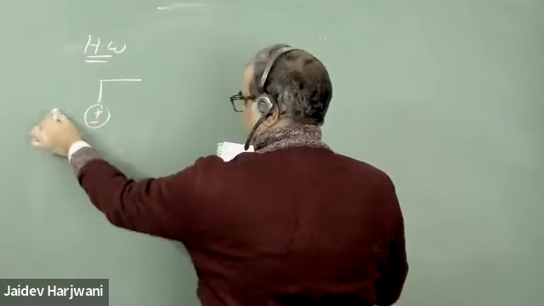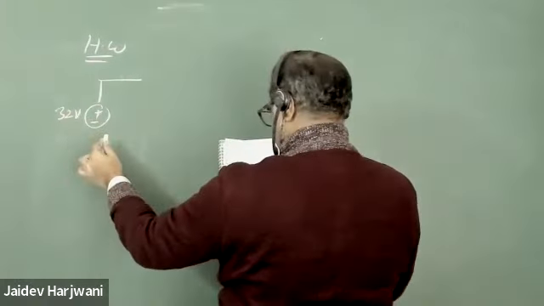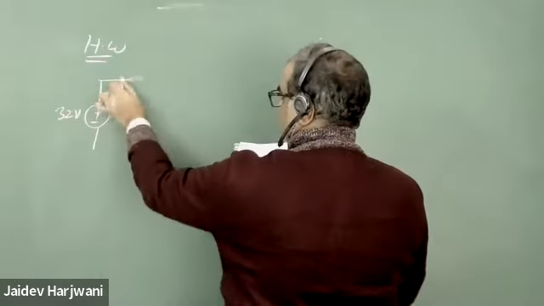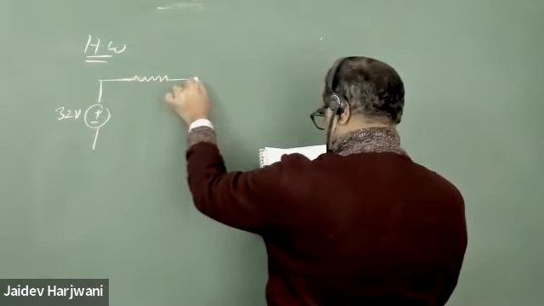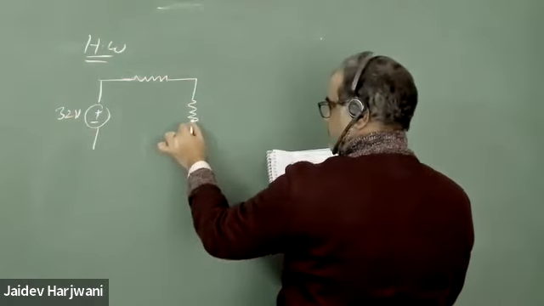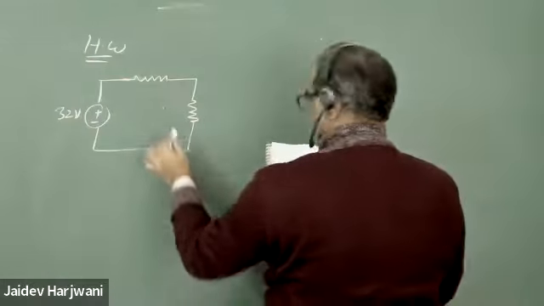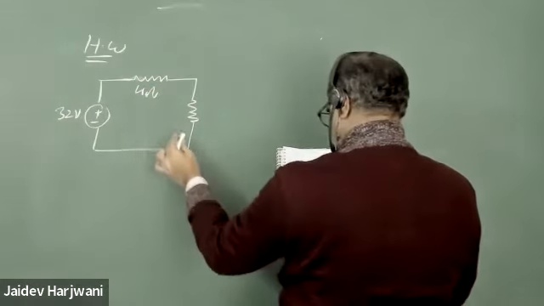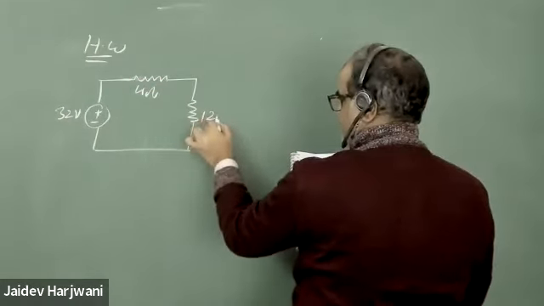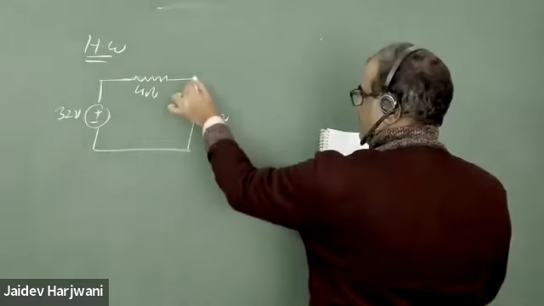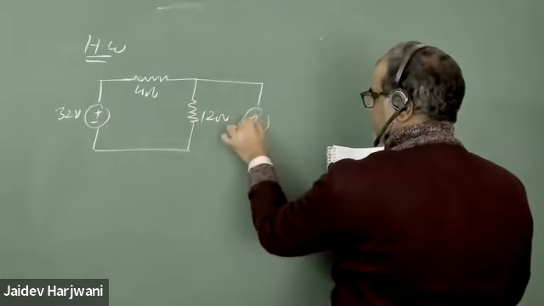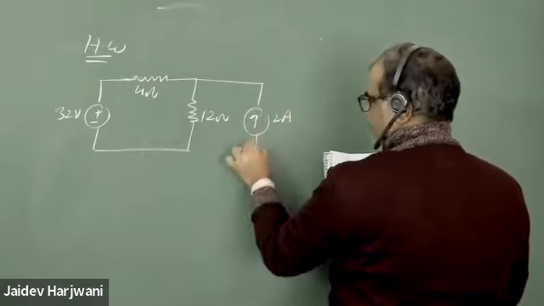Plus minus 32 volts. Okay, this is 4 ohm. Okay, this is a 12 ohm. Similar kind of problems. Okay, this is a 2 ampere current here.